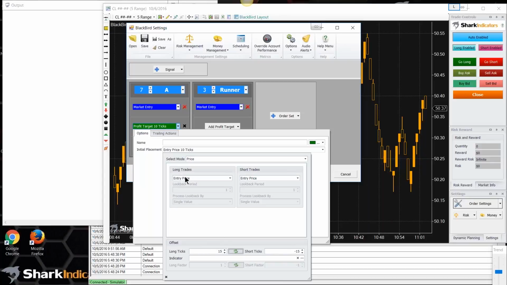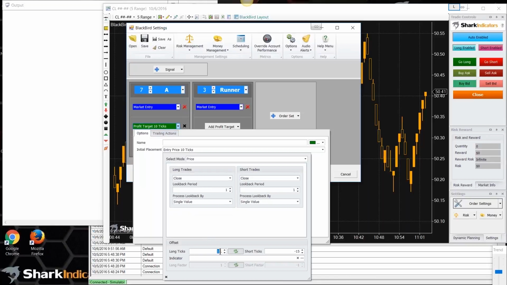And so you can see that we're offsetting 15 ticks from the entry price here. There are other prices available here that you could offset from. So let's say you wanted to use the previous bar's closing price as your offset.